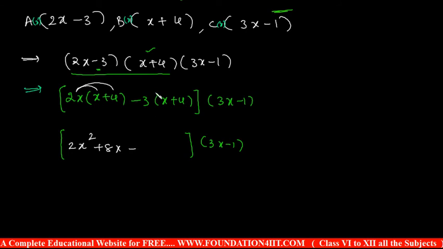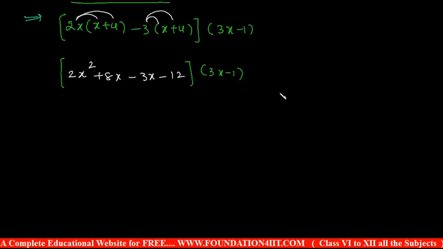Next, minus 3 into x is minus 3x, and minus 3 into 4 is minus 12. After simplification: 2x square, the only x square term; the x terms are 2, 8 minus 3 is plus 5x; and minus 12. This is then multiplied by 3x minus 1.